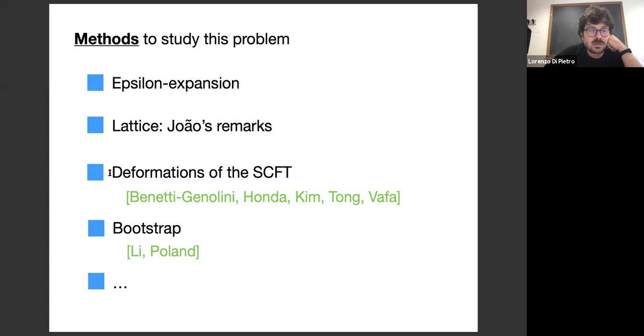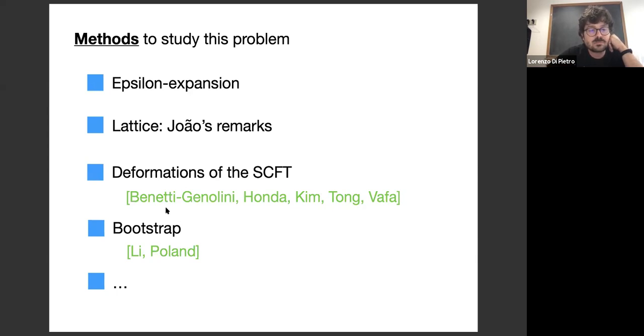And exactly, this addresses Slava's question. Recently it was also proposed how to construct such a CFT by studying the phase space of the supersymmetric conformal field theory when we also deform by supersymmetry breaking parameters. This was done in a paper by these authors.